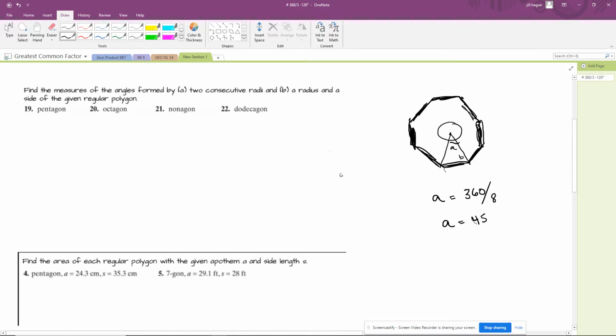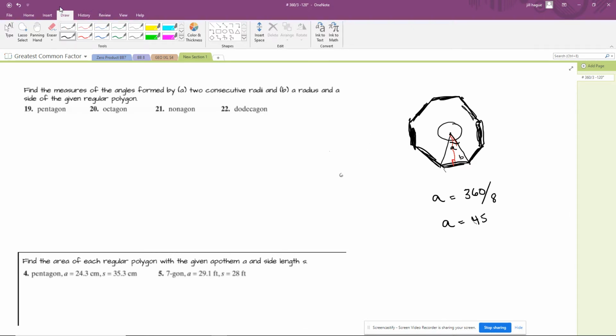And then if I dropped an apothem down from here, down to the bottom, it would form a 90 here. So half of that 45 would be the little angle up in the corner.